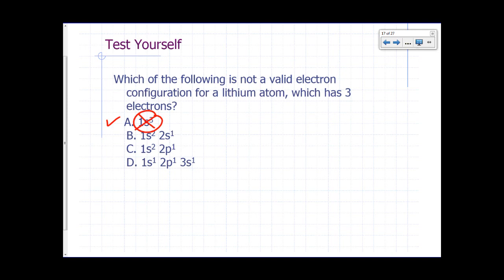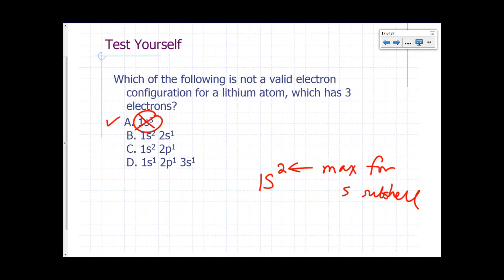What's wrong with 1s3? You remember an s subshell is just an s orbital, so it can hold a maximum of 2. A p subshell can have a maximum of 6 because it's actually 3 orbitals, and you can put 2 electrons in each orbital. And a d subshell can have a maximum of 10.